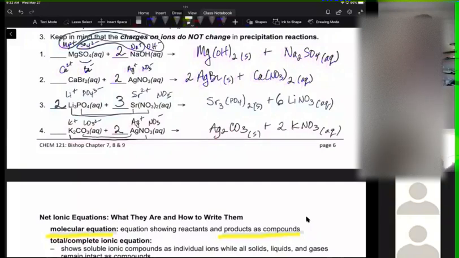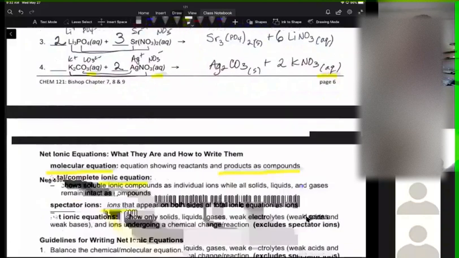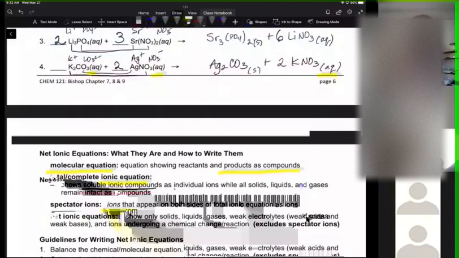But for ionic compounds that are aqueous, we know they float around independently. So we're going to write our ionic equation where we show all of our soluble ionic compounds as individual ions. Now the solids, liquids, and gases stay together as compounds. They don't dissolve. They don't break apart the way ions do.